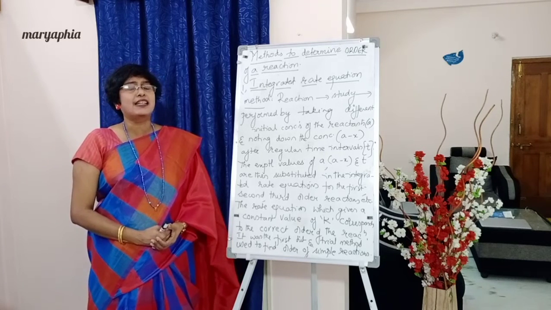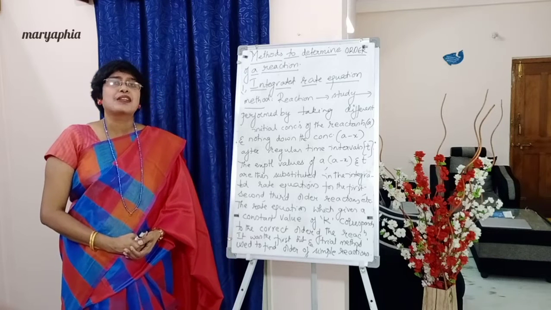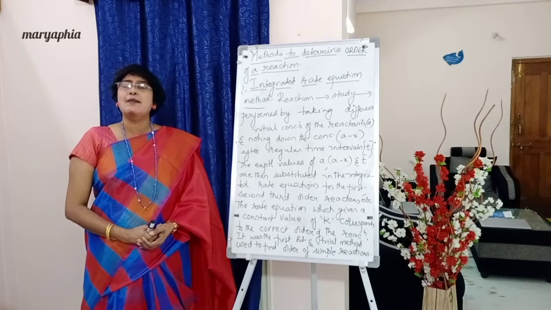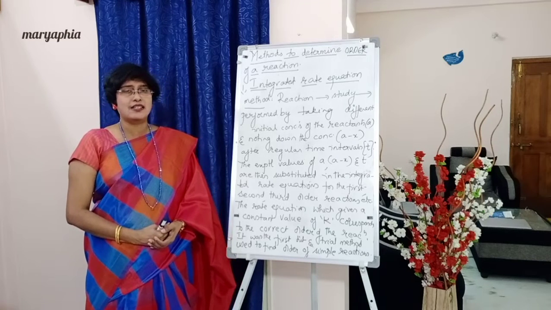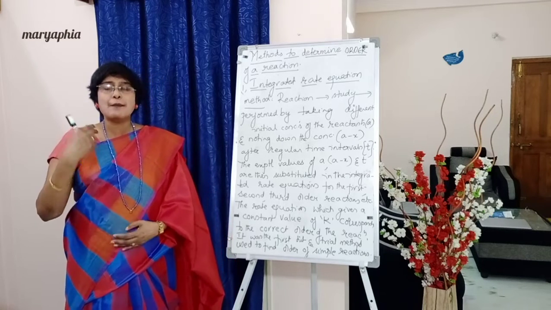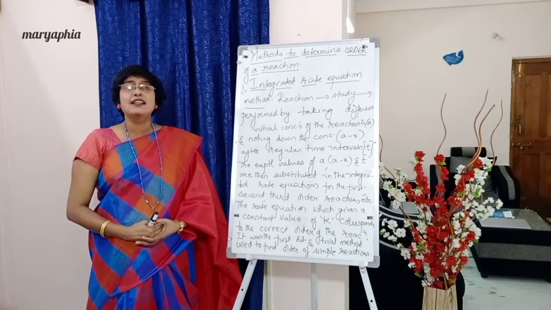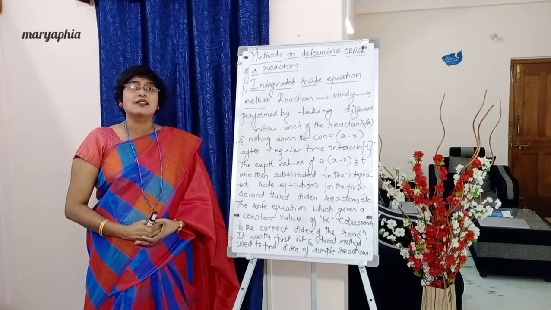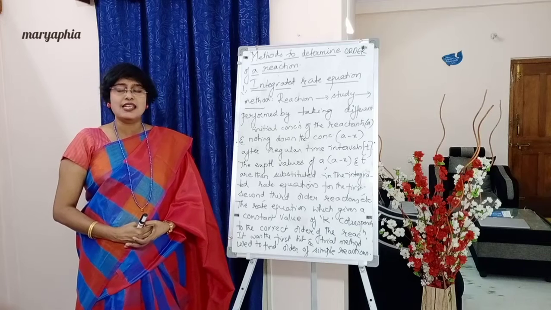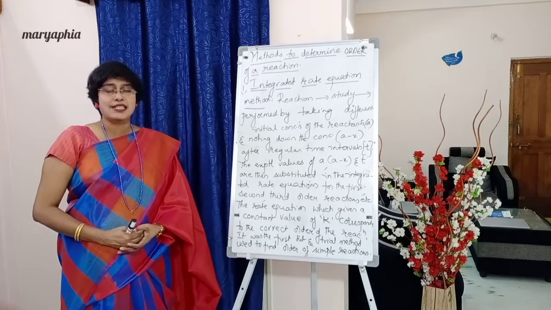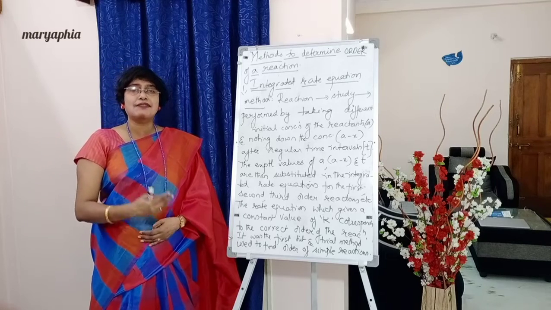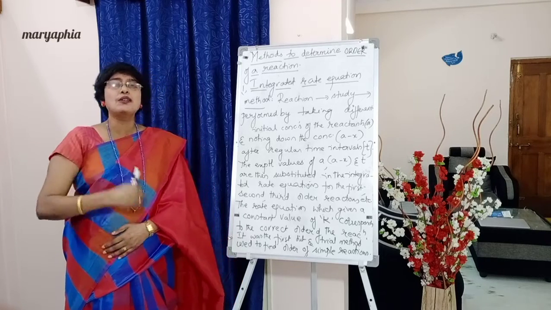Similarly, we take the second order rate expression, substitute the a value, a minus x value, t value, and determine the rate constant. Suppose we get constant rate constant values for all the initial concentrations, then the order of the reaction will be first order. If not first order, then we move on to second order.